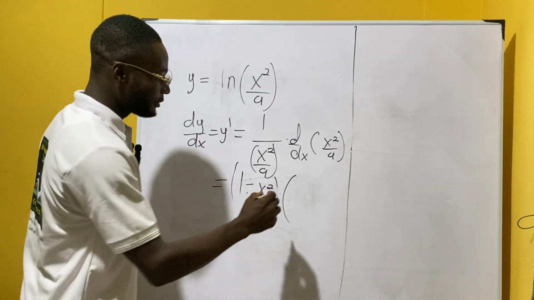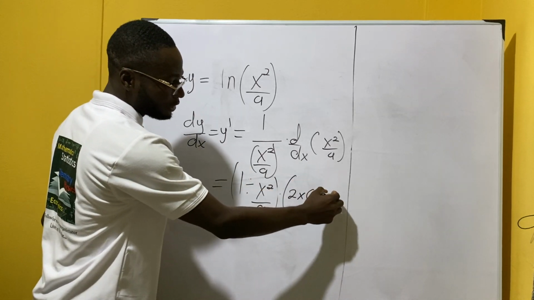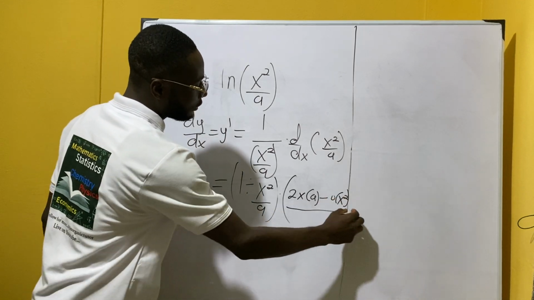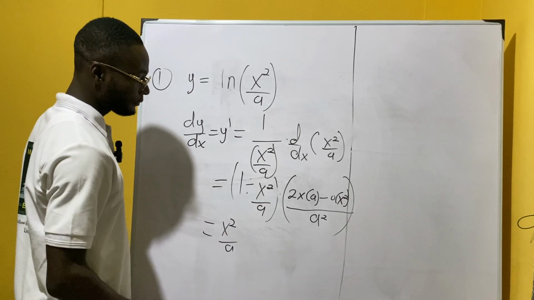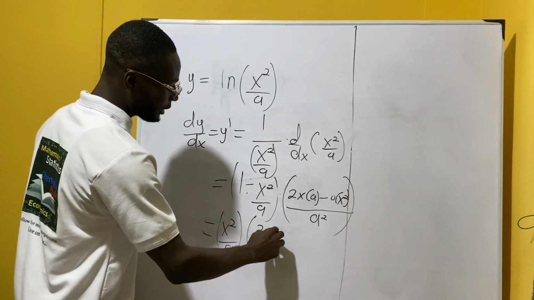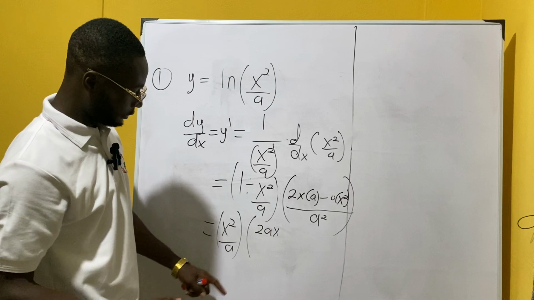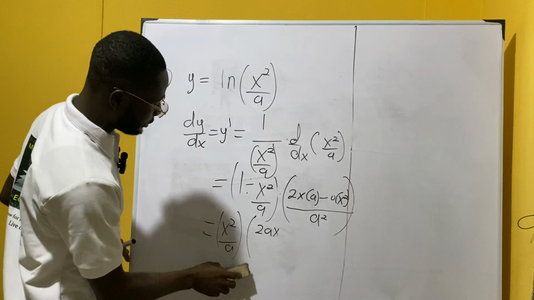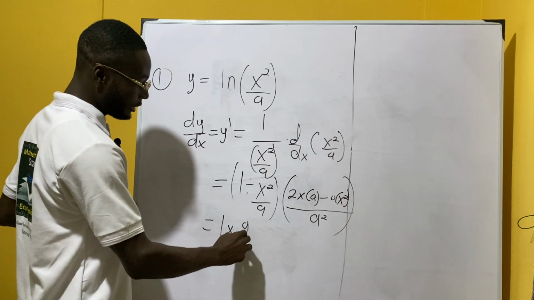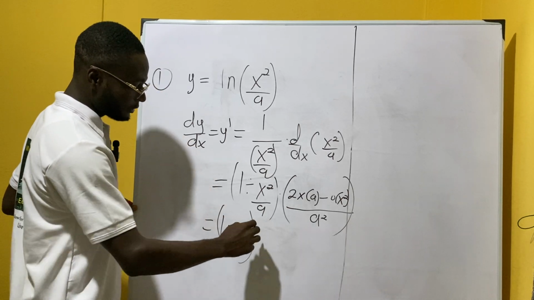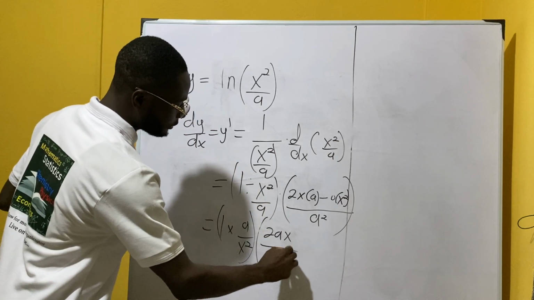So this becomes the differential of this, which is 2x, then maintain the a, minus the differential of a, which is 0, then s squared, all over a squared.